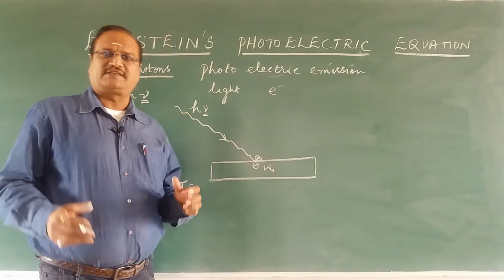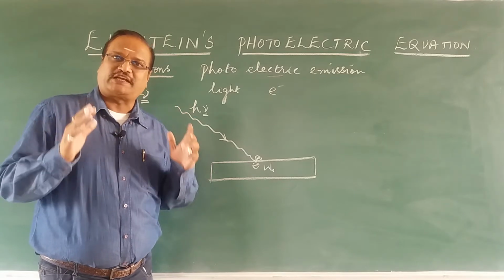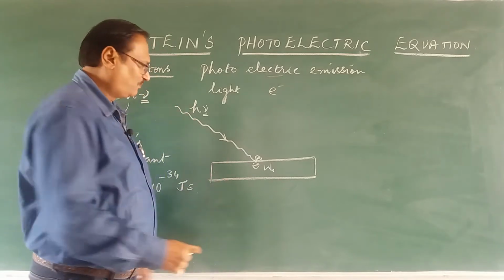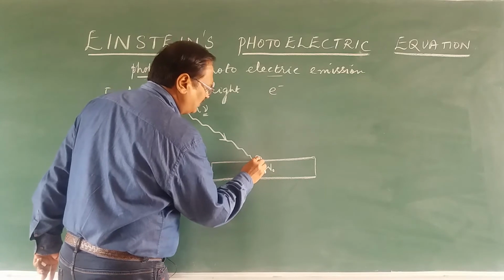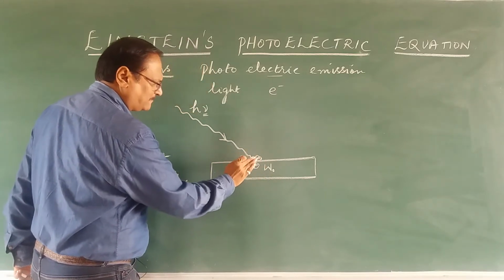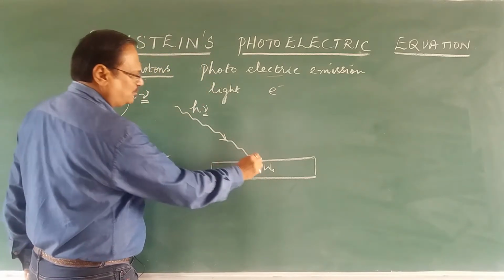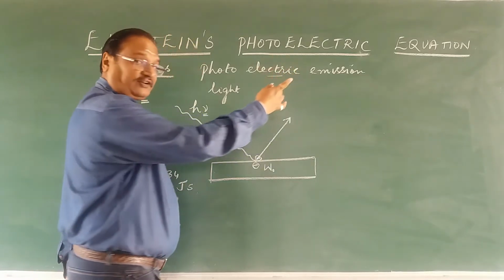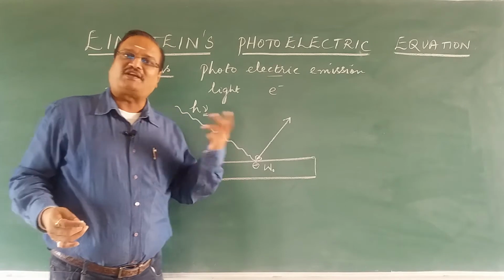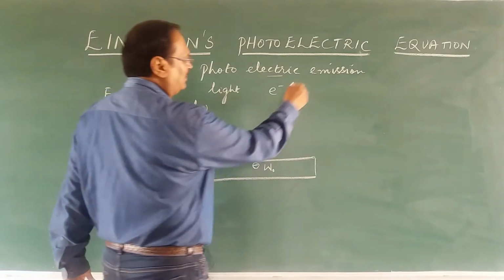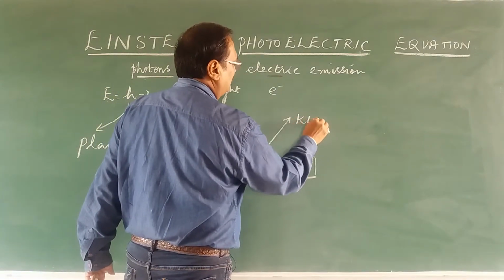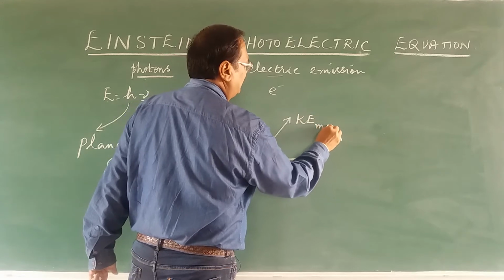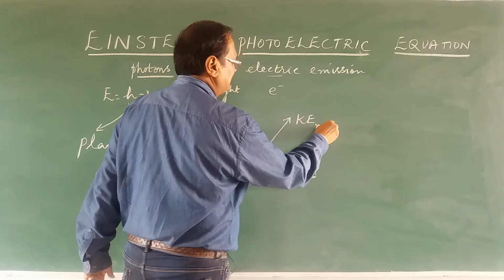Work function is the minimum energy required to remove an electron from a metal. Now this electron need not stay on the metal. If it has sufficient energy, it will move forward, and that is what we call photoelectric current. Current means movement of electrons, right? The electron will move and it will possess kinetic energy, and we call it kinetic energy maximum.